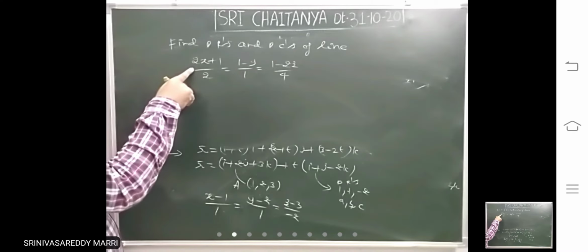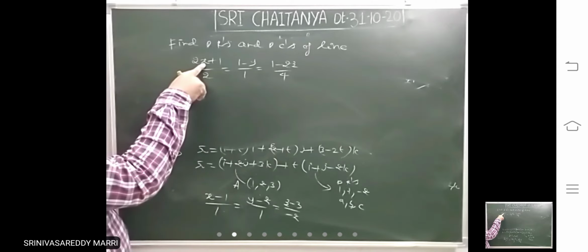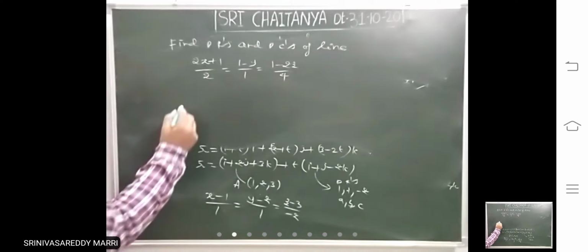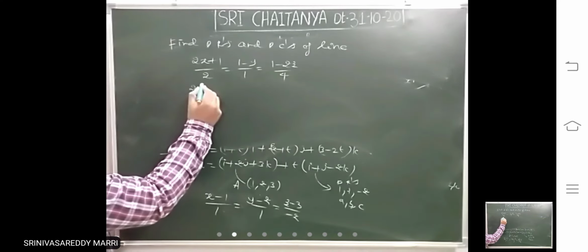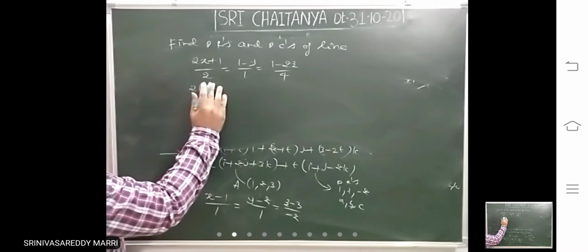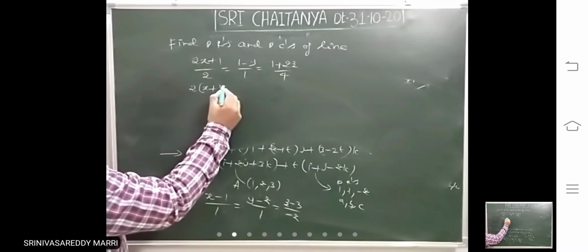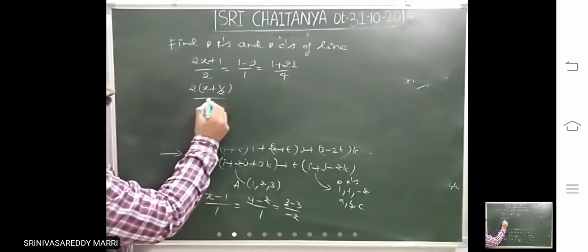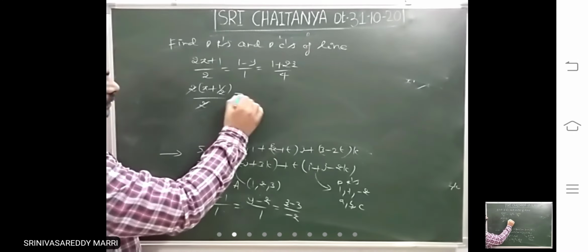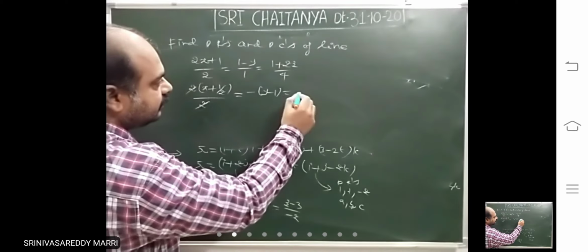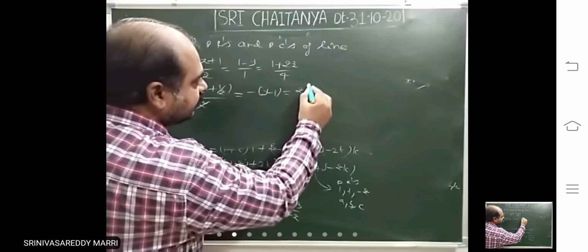This is not in standard form. The x coefficient must be 1, the y coefficient must be 1, and the z coefficient must be 1. That's why take 2 common, and take minus 1 common.